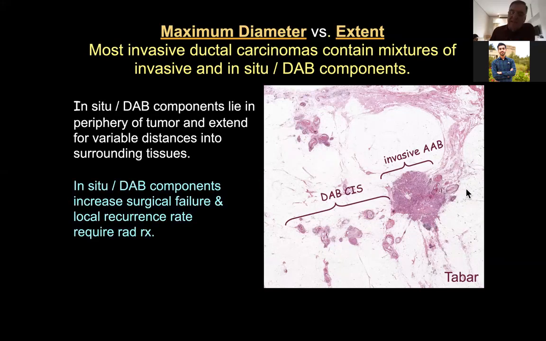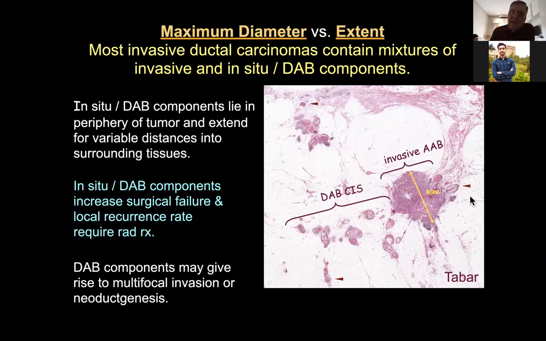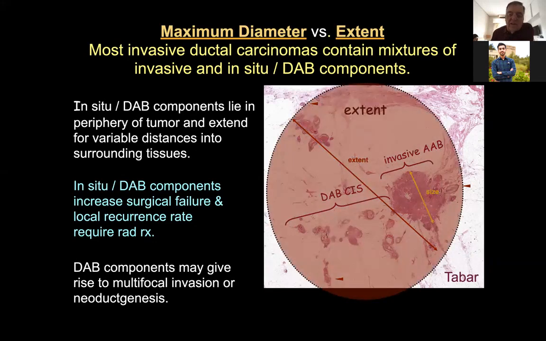So in this particular case, the size is going to include just the maximum diameter of the invasive part of the lesion, but the extent is going to include the two farthest apart components of the lesion that might be pure DCIS or it might be between DCIS and invasive part. But if you want to cure this, you're going to have to get both parts, and that's where the staging comes in. If you want a surgical cure, you have to know the extent of disease, not just the size. The size of this lesion is going to be irrelevant to whether you get positive margins or not.